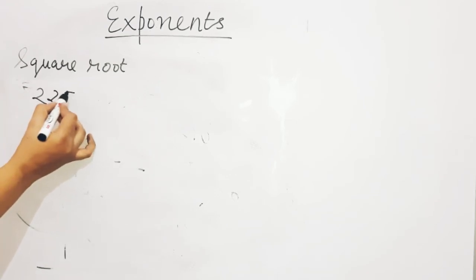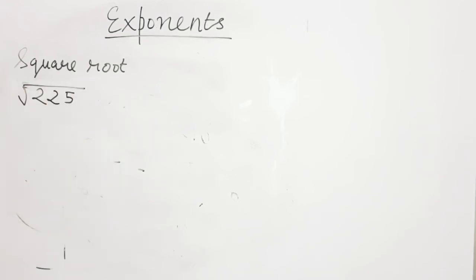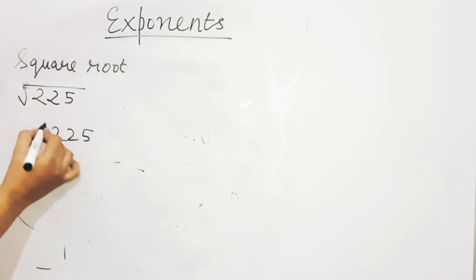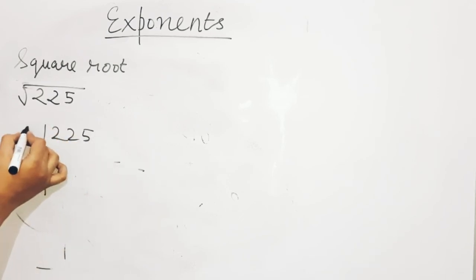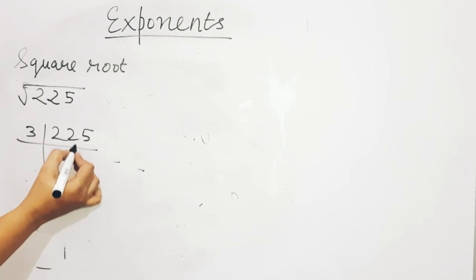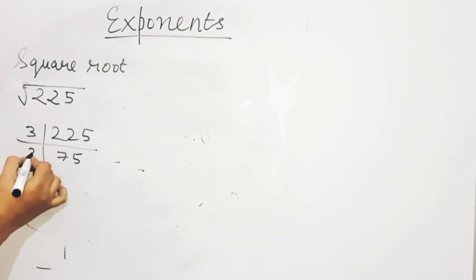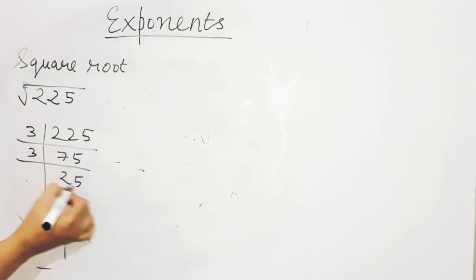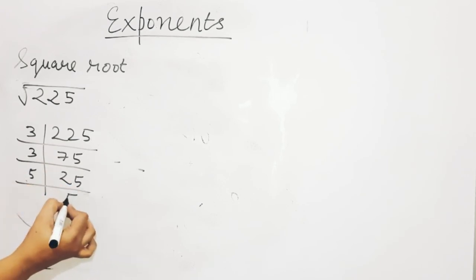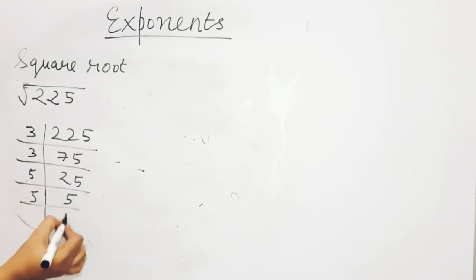Taking one more example, 225. Okay, how will we find out the answer? You will solve 225. 3 7s are 21, 3 5s are 15, then 3 2s are 6, 3 5s are 15, 5 5s are 25, 5 1s are 5.